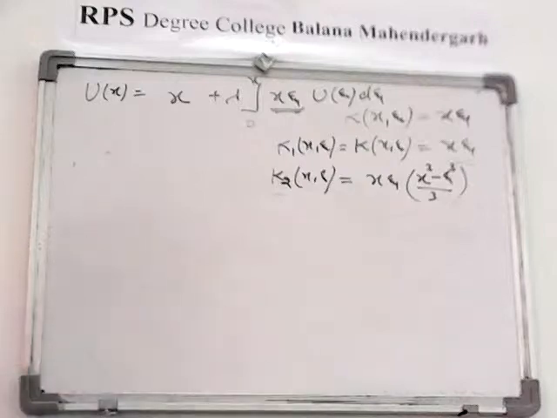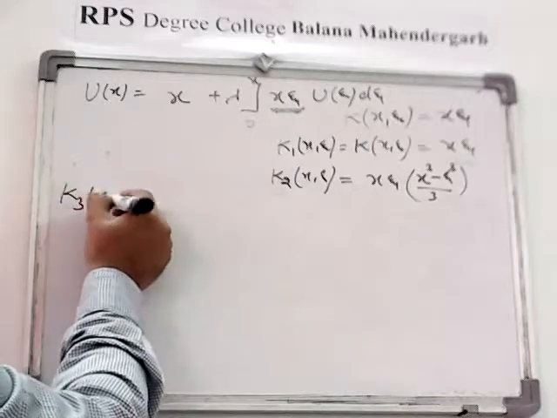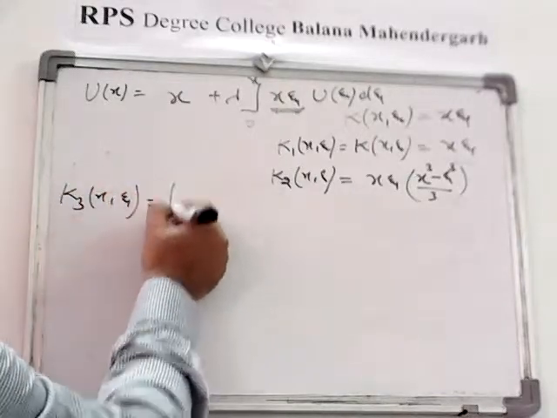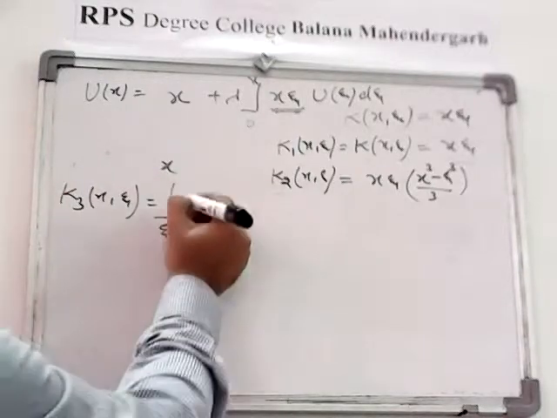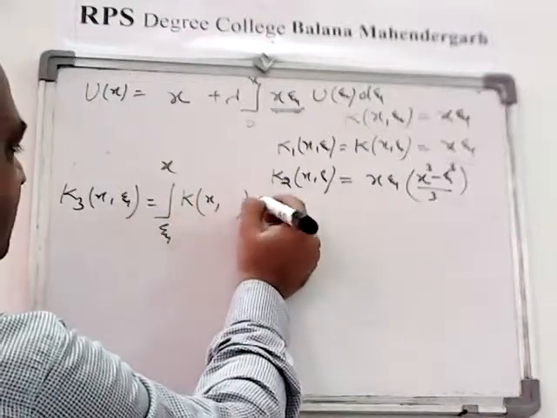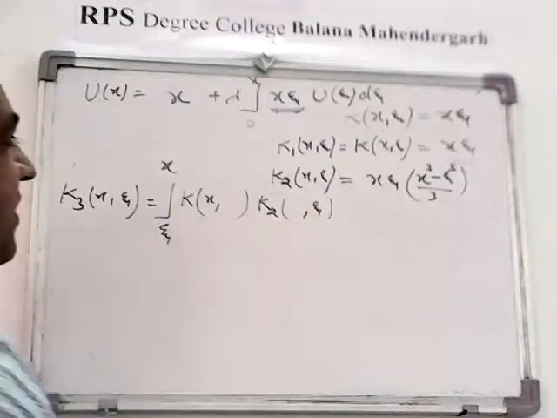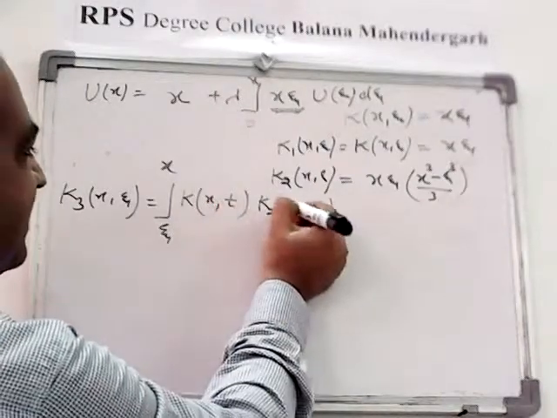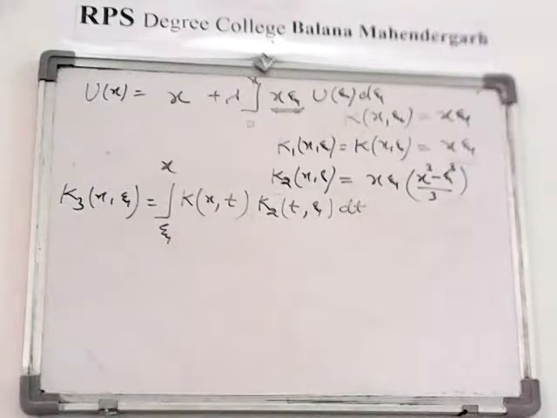Now we will try to find out the value of k3. K3 of x comma xi will be equal to the integration from xi to x of k of x comma t times k2 of t comma xi, with integration with respect to t. Very simple integration.